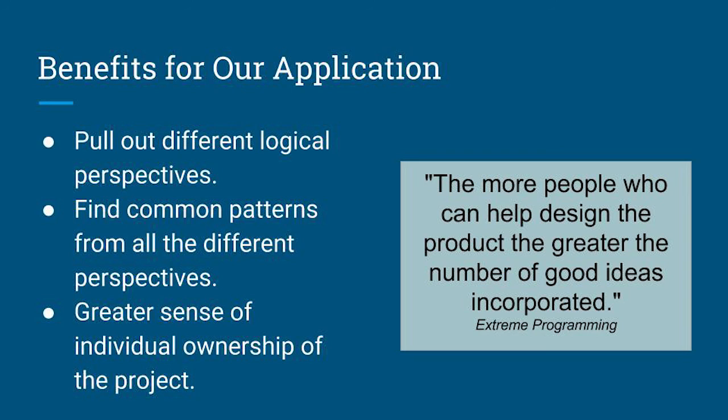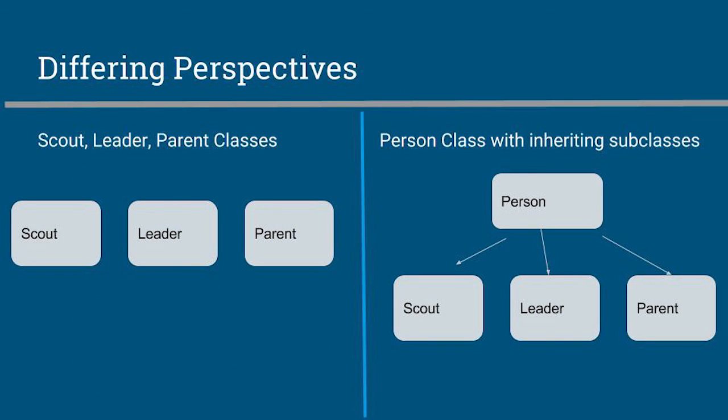Extreme Programming, thought leaders of CRC cards and avid implementers of the Agile process, describes the process like this: the more people who can help design the system, the greater the number of good ideas incorporated. So we can expect our group to meet together and formulate ideas of all the different classes that we could have. Someone might suggest separate classes for Scout, Leader, and Parent.